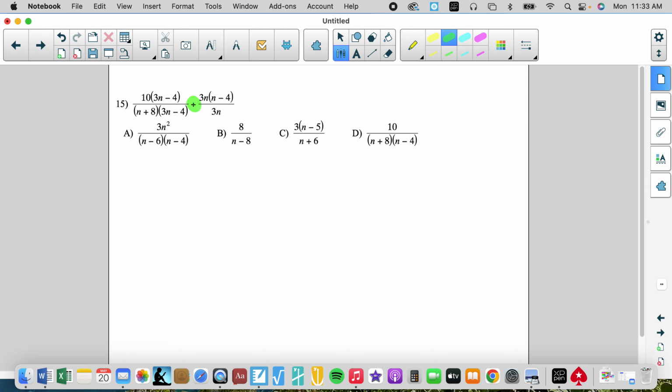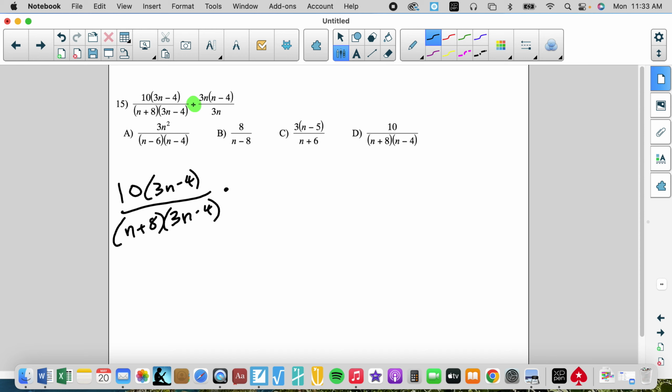Now, notice, you knew it was coming. We have division, you know that. So first thing we do, 3n minus 4 over n plus 8, 3n minus 4 times, now whatever is on the right will be the reciprocal. So whatever is in the denominator of the bottom one is now in the numerator, and whatever was in the numerator is now in the denominator.